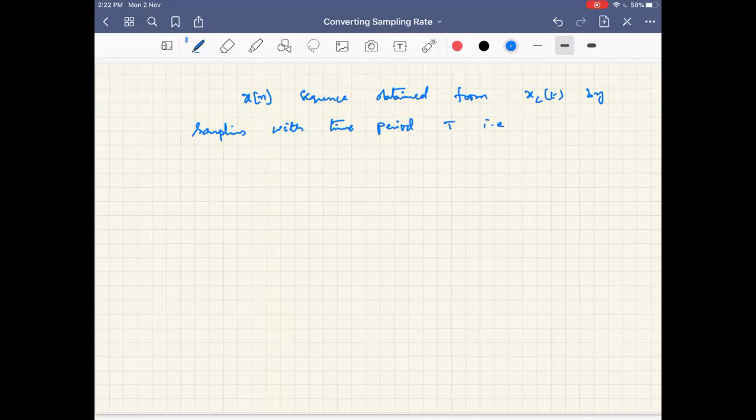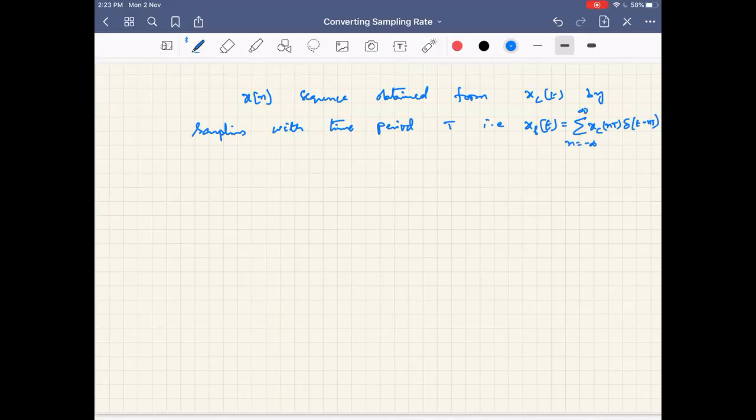So s of t is obtained by xc of t multiplied by the sum of delta of t minus nT, where n equals minus infinity to infinity.